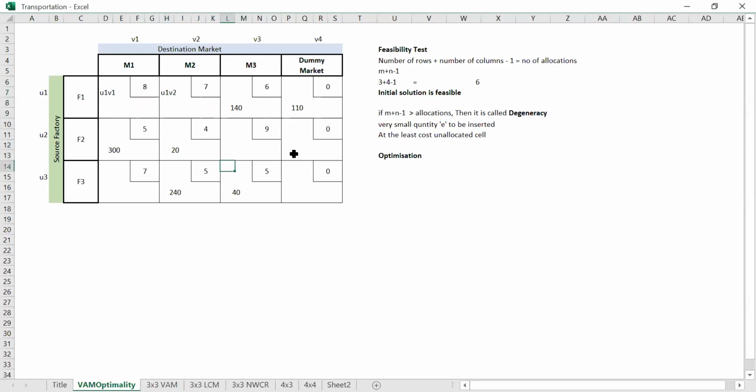If you come down here, this cell address is U3, V3. So this is how you assign addresses to all the cells. I have not done it for all, but remember, if you ask about this cell, it is U2 and V3. It's at the junction of those two, so it's called U2, V3. Now let's take all allocated cells.